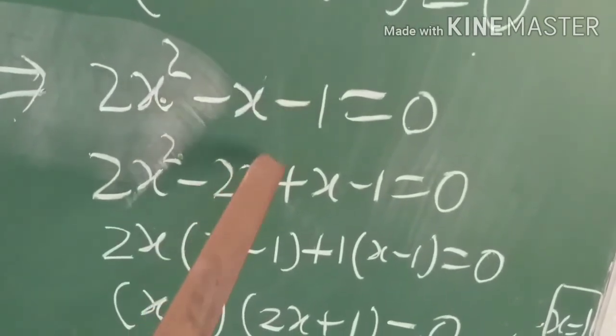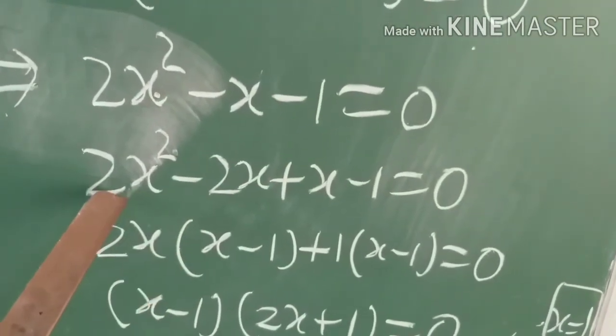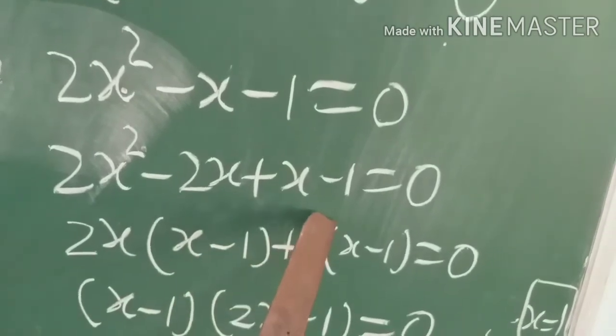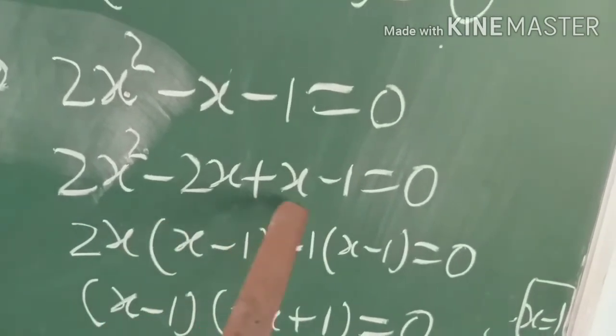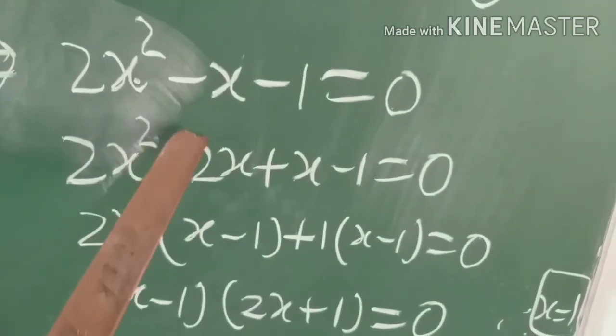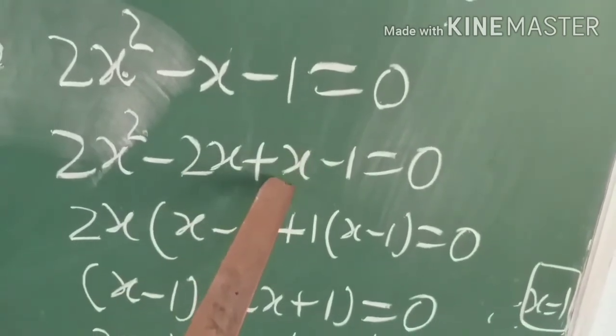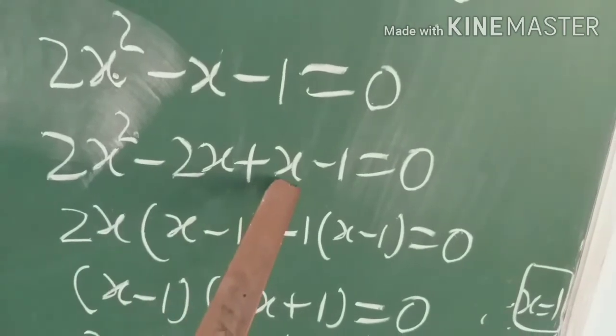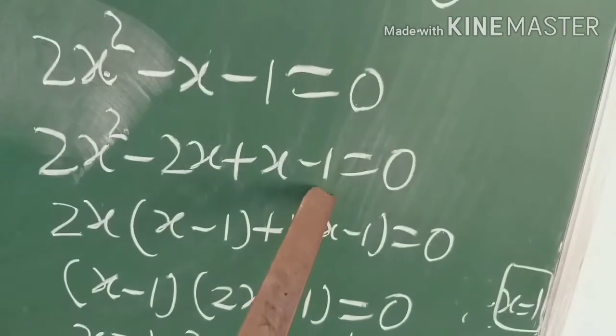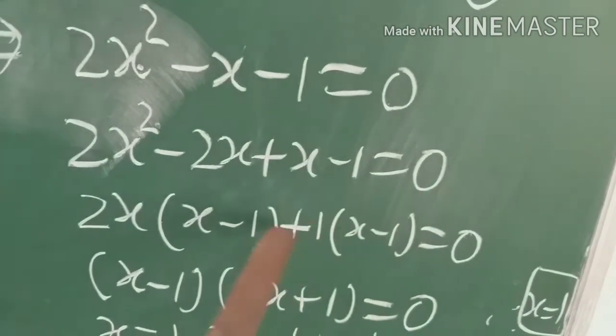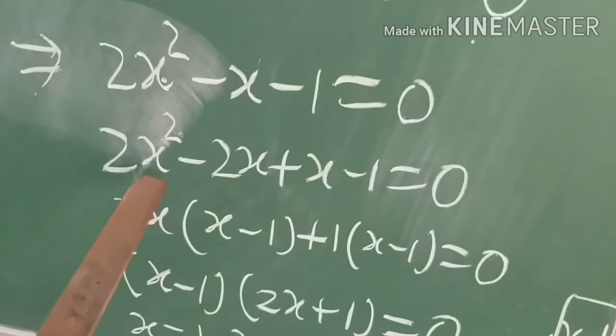So that's why I have written 2x square minus 2x plus x, minus 1 equals 0, since the product is coming minus 2. Now make pairs, then take common.